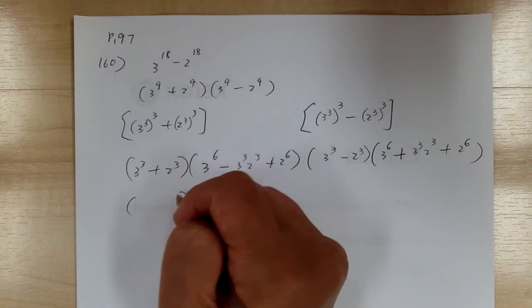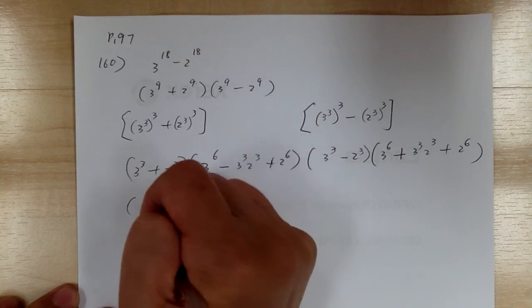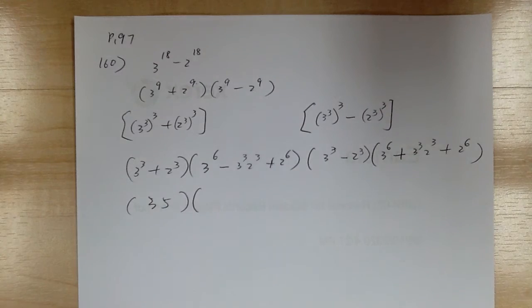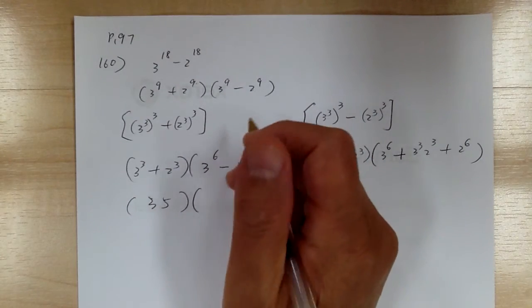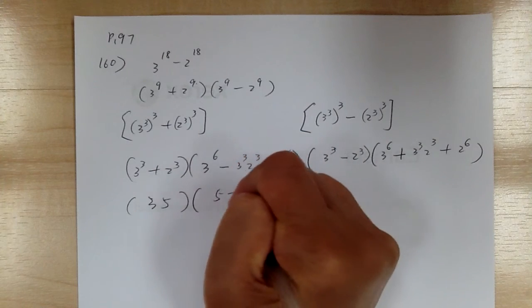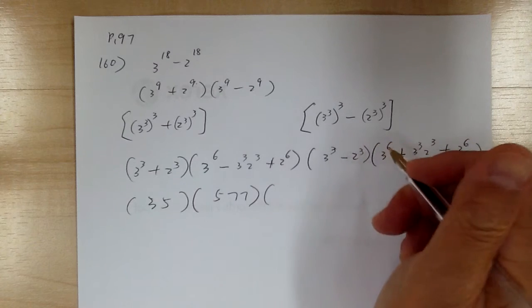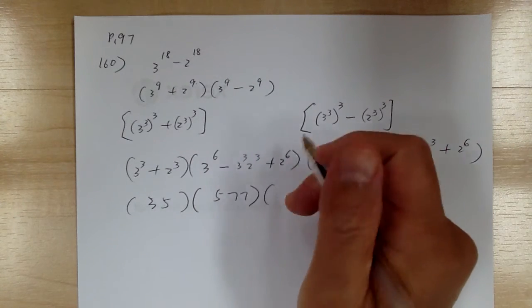Okay, so this one you get 27 plus 8, so you get 35. And this one, you get 577. And this one you get 27 minus 8, so you get 19.